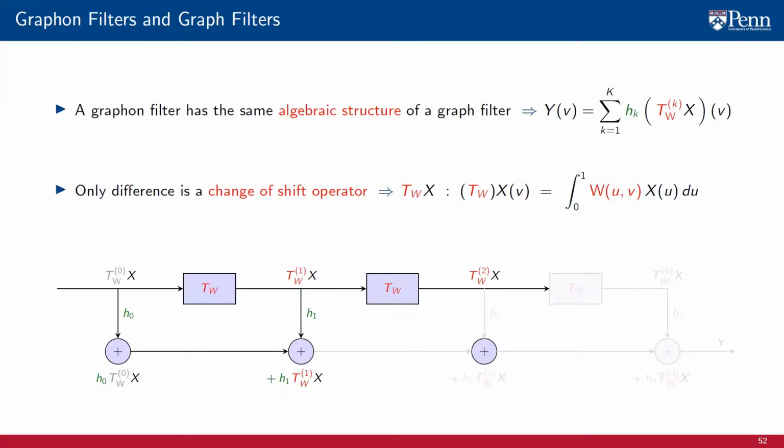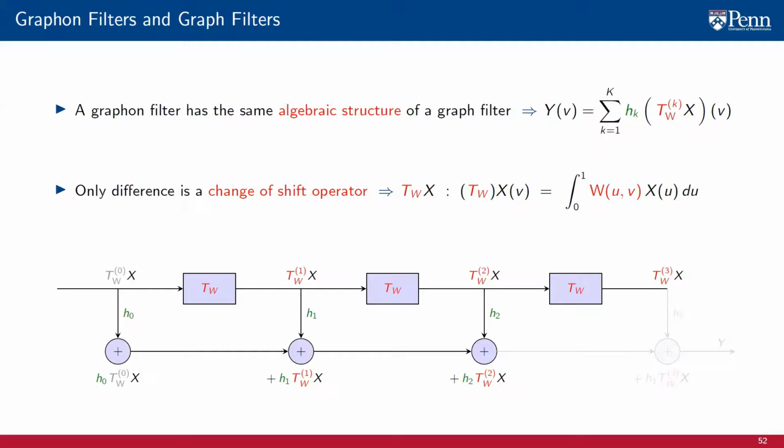By another application of the Graphon shift operator, we now obtain the third element in the diffusion sequence, TW^2 of X, which is modulated by the corresponding filter coefficient H2 and added to the previous components of the output.